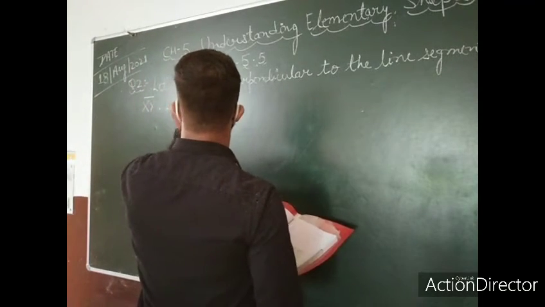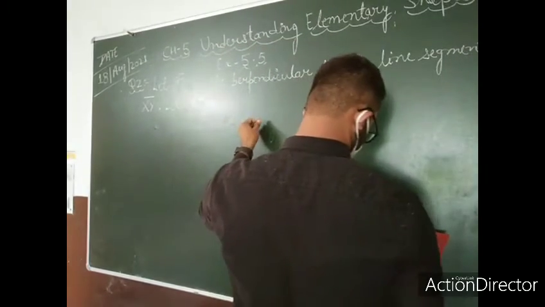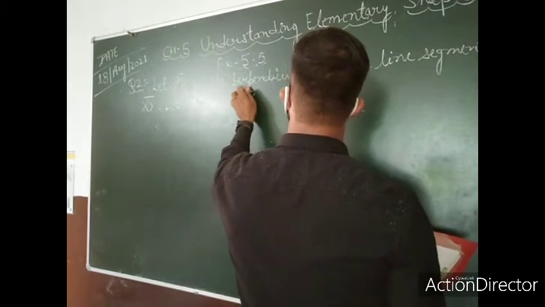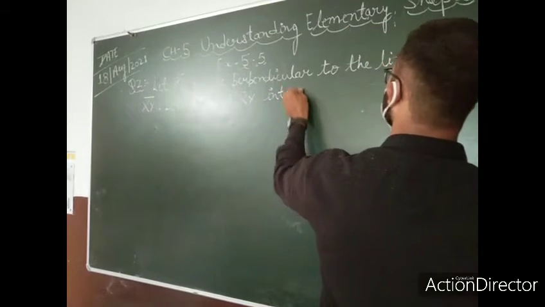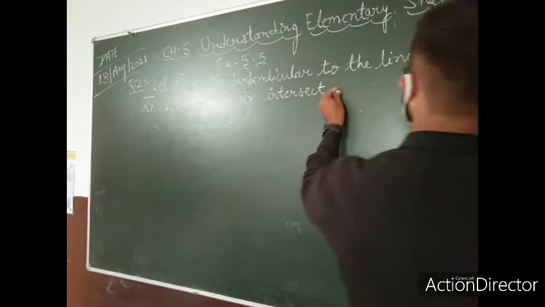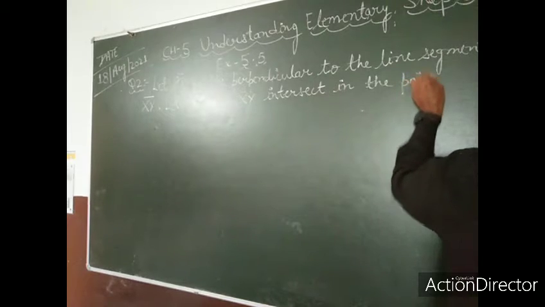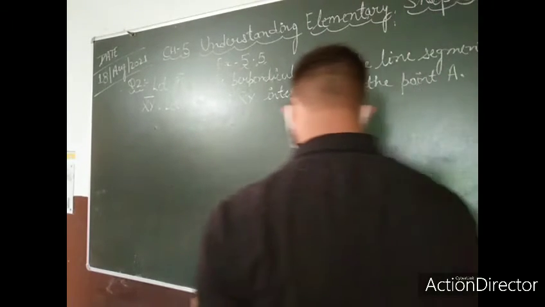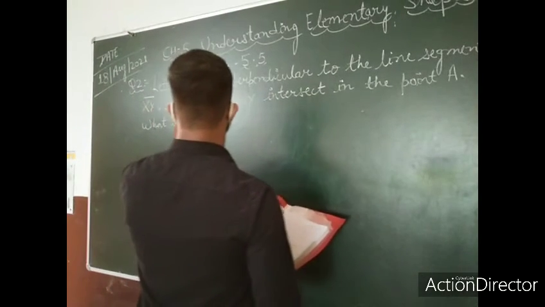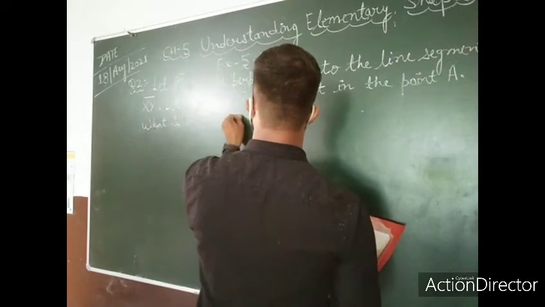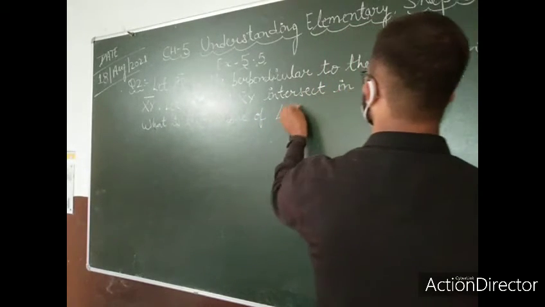Let the PQ line segment and XY line segment intersect in the point A. What is the measure of angle PAY?